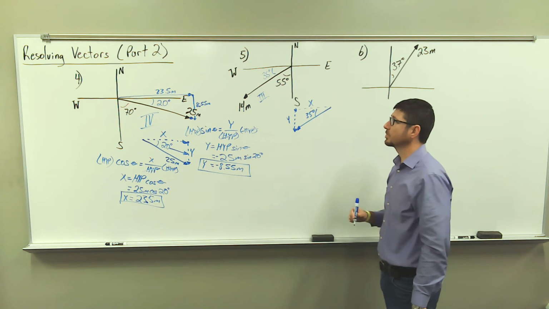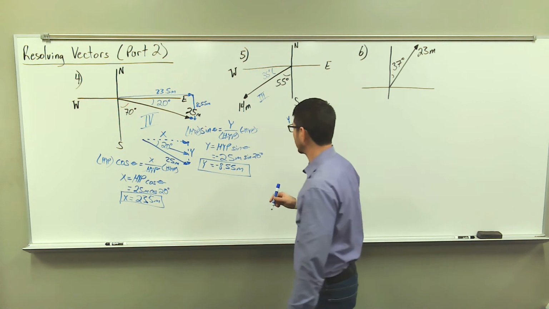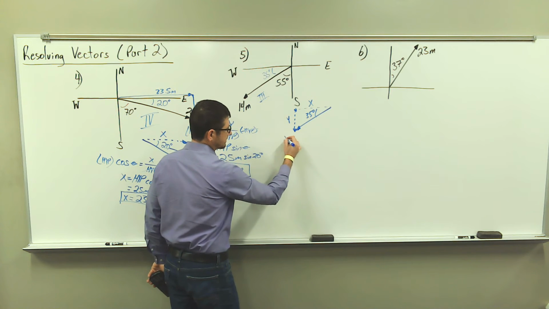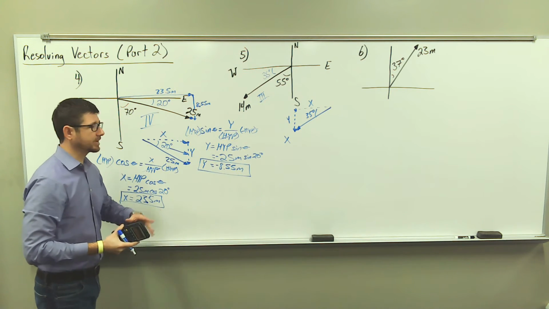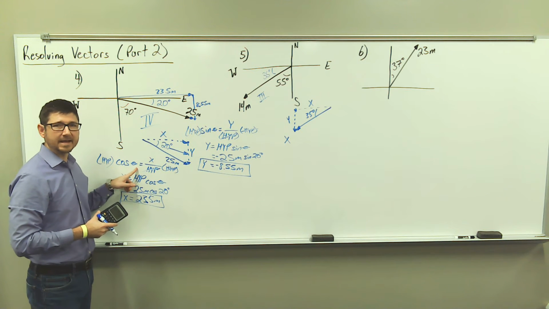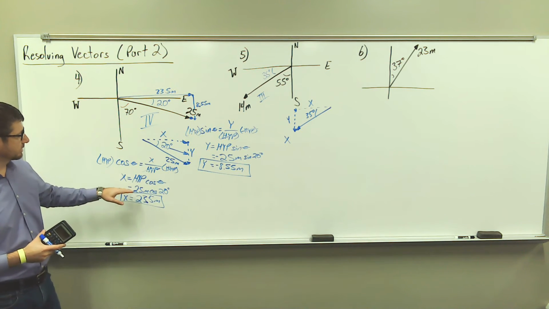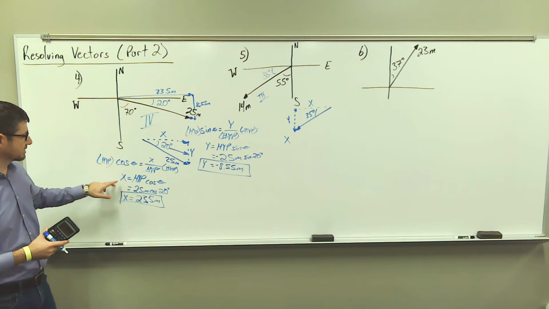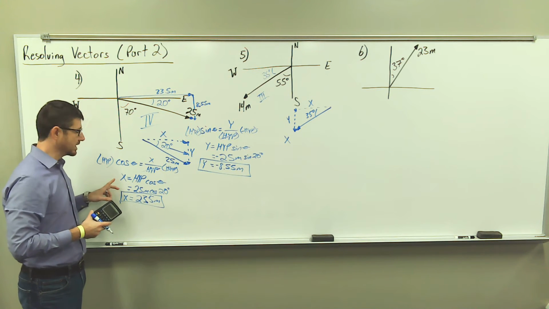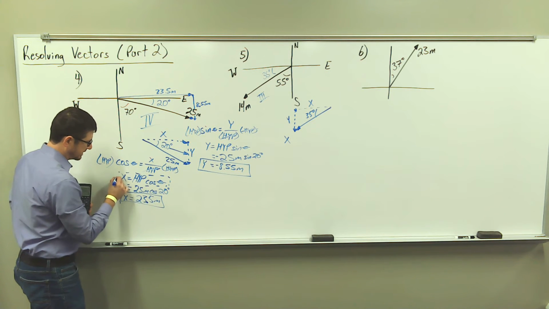Let's go ahead and solve for the x component. Our base equation, we always start out with cosine theta is equal to the x component divided by the hypotenuse. We've isolated the x component several times before, so I'm just going to start using this equation here.